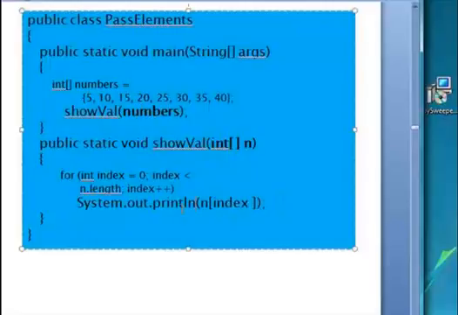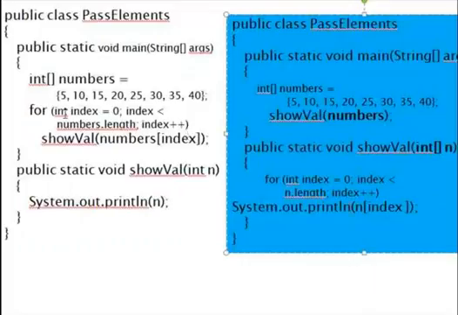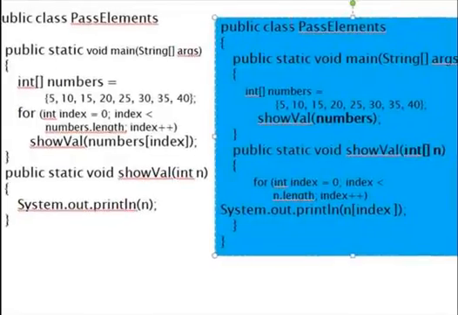Now let's compare these two together. The first one, you're going to see that I have the array, and in my method main I use a for statement, and only in the for statement I pass the value to my method show val that is going to display the value. In contrast to this one, I'm passing the whole array number to my method show val, and show val takes the value and one by one displays the value.